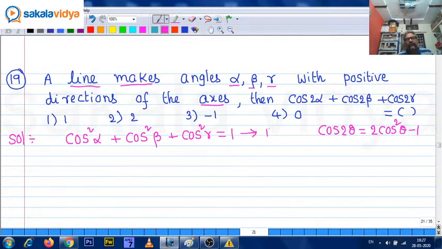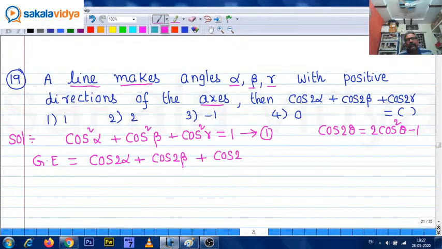Say this is equation 1. Now we need to find out the given expression value: cos 2 alpha plus cos 2 beta plus cos 2 gamma.